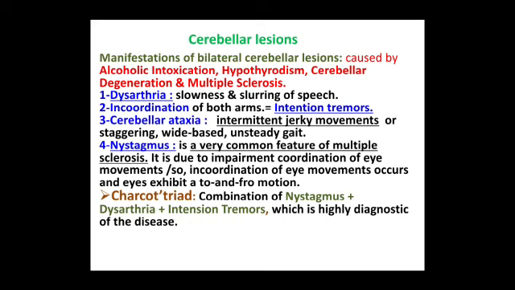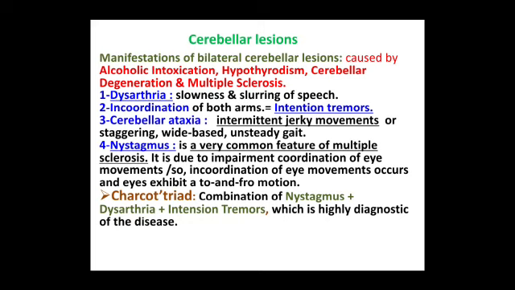Manifestation of bilateral cerebellar lesions is mainly caused by alcoholic intoxication, hypothyroidism, cerebellar degeneration, and multiple sclerosis. So dysarthria, slow and slurred speech, incoordination of both arms, that is intention tremor, cerebellar ataxia, intermittent jerky movements or staggering wide-based unsteady gait, nystagmus.